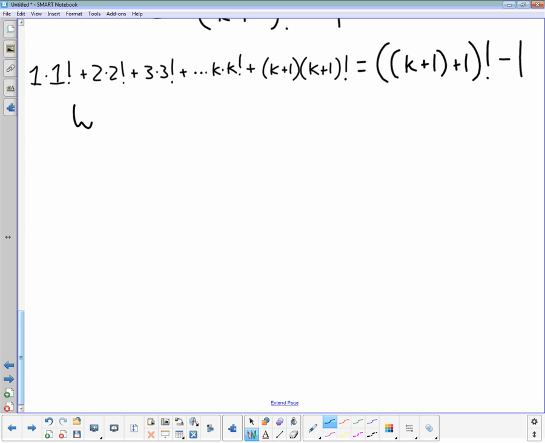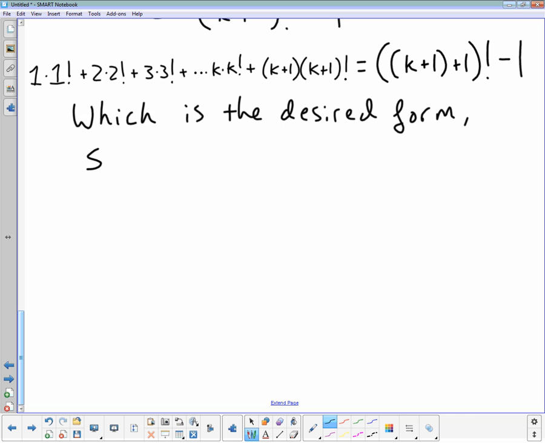Which is the desired form. So by the power vested in me by the principle of mathematical induction, I hereby declare this proof.